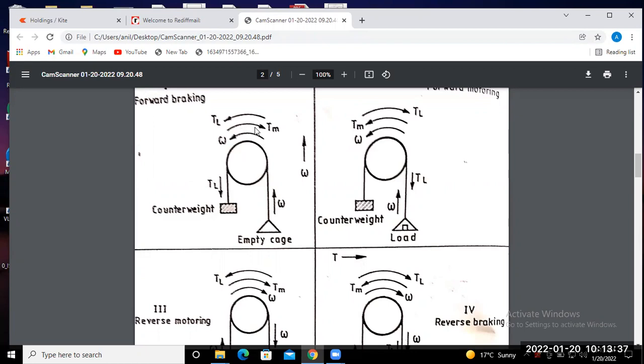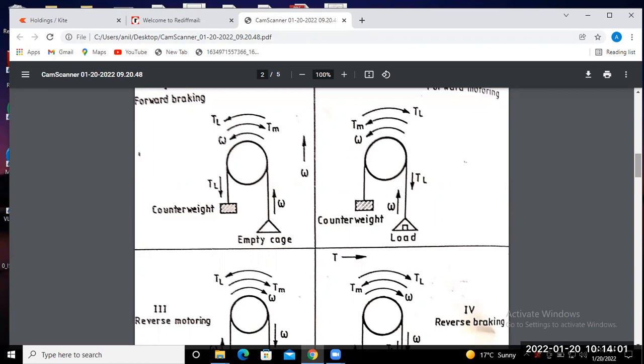Okay. But in reverse motoring mode, both the electromagnetic torque and speed are acting in the clockwise direction, and load torque acts opposite to the electromagnetic torque. That means both are negative here. Okay.